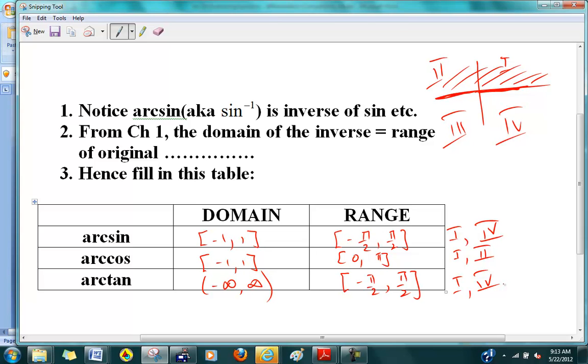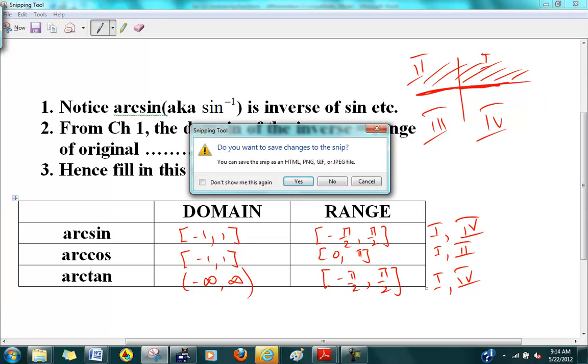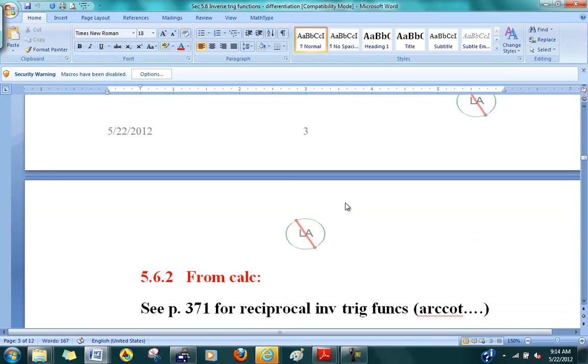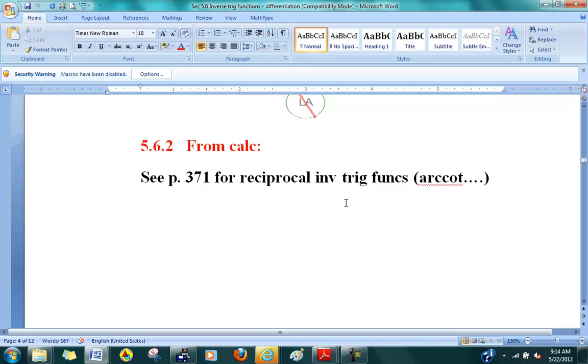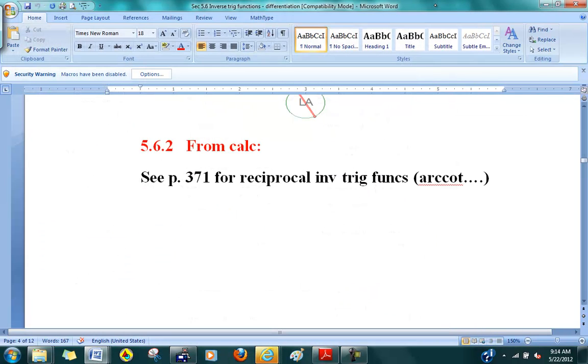So these are the inverse trig functions that we studied really thoroughly in pre-calc. In calc, you need to know a little bit more, and you need to know the inverse trig functions arc cotangent, arc CSC, arc SEC. So go take a look at page 371 in your book, and notice the restrictions or the values for domain and range there. You might want to make that part of your notes.